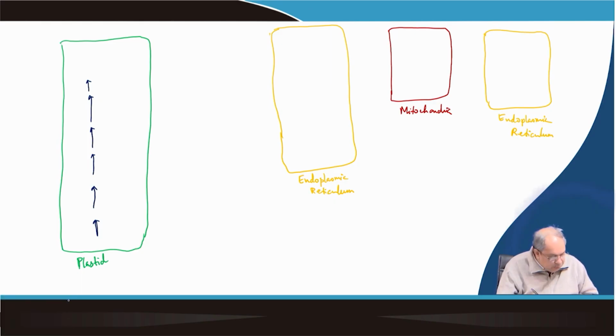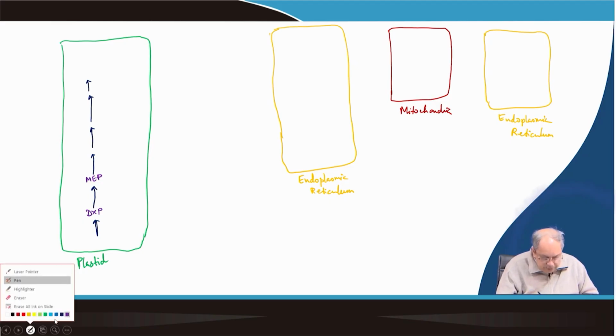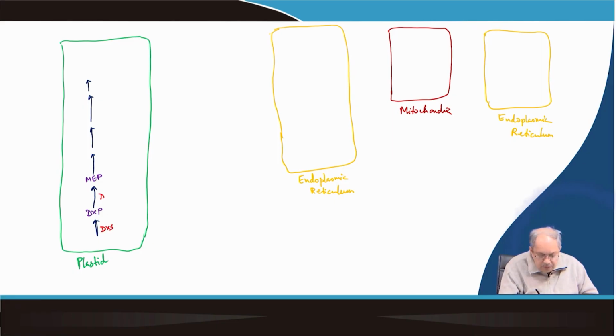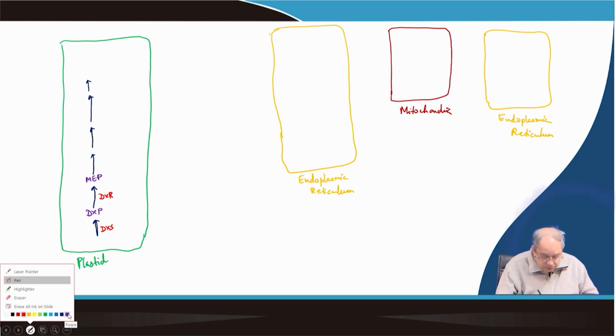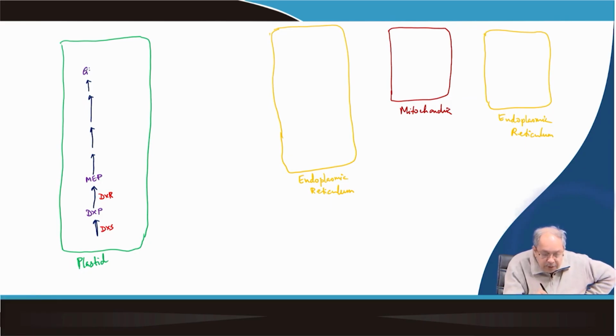So, now I will write the compounds. This is MEP, and the enzymes are, and then so many steps, finally we will land in GPP. So, GPP is here.